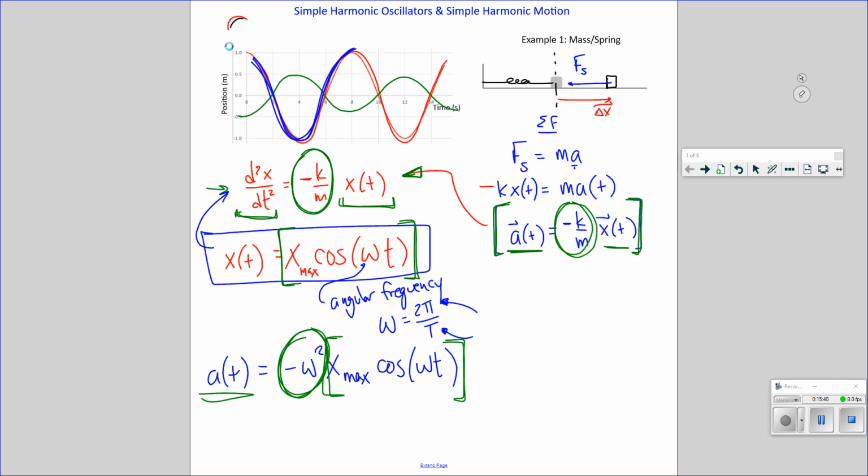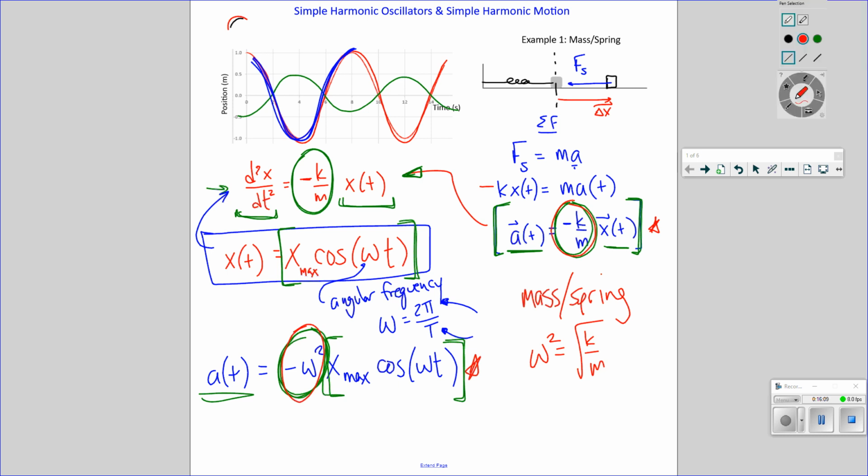And furthermore, what we can say is, well, if these two expressions are analogous, then this and this are the same thing. So that says for a mass spring oscillator, omega squared is k over m.